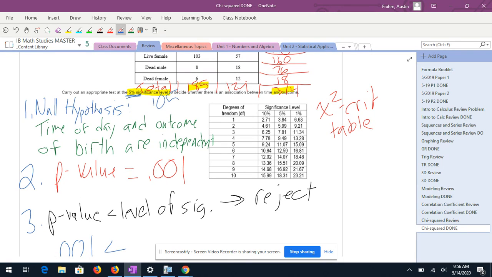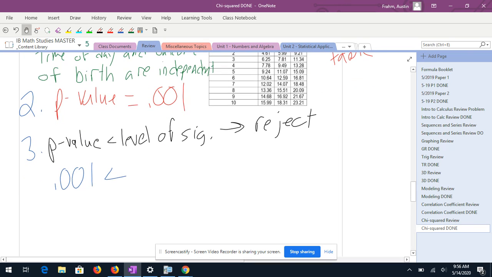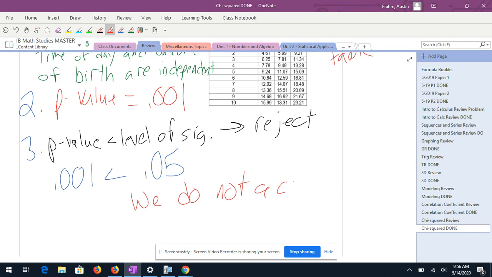As a decimal, that's 0.05. So is 0.001 less than 0.05? Yes, it is, so we would reject. So we would write, we do not accept the null hypothesis.